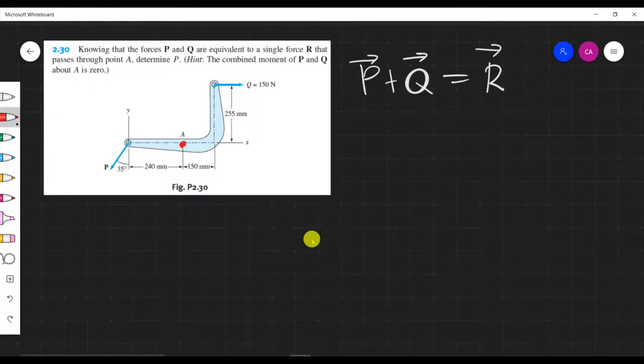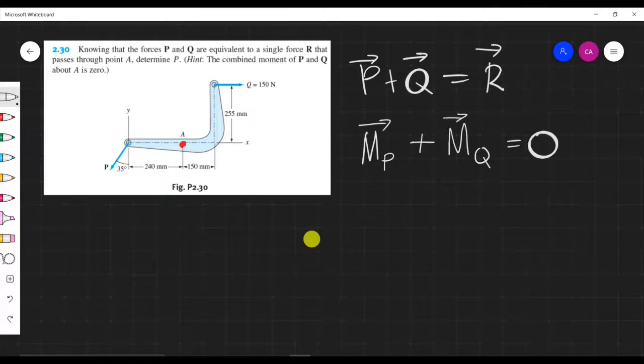Okay? So, yung hint natin, moment due to P plus moment due to Q is equals to 0. Yan yung mga condition natin. Okay?